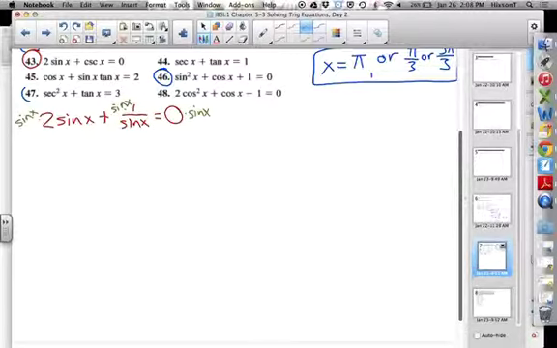It's just we're cutting out a step in the middle. You would have had something over sine of x, and then you would have had to get rid of the denominator. So here we have 0 times sine of x is 0, sine over sine is 1, and here we have a 2 sine squared x.